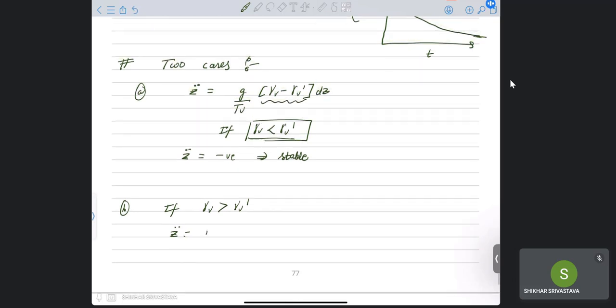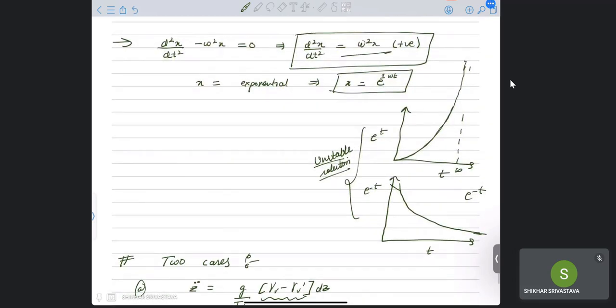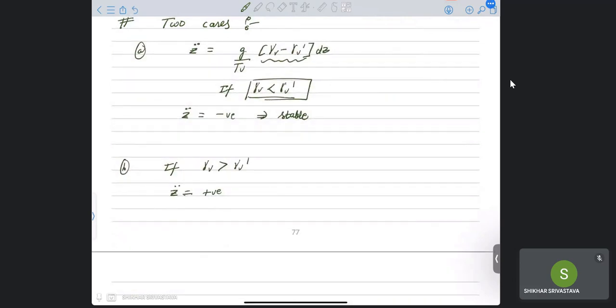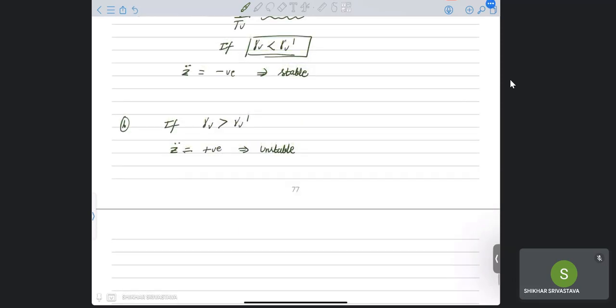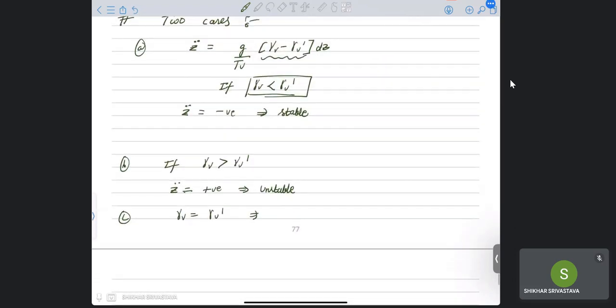So z double dot will be positive, and that means you will have an exponential kind of solution, which is unstable. So this is unstable. Okay. The third case is if the environment lapse rate is equal to gamma v prime, in that case your z double dot will become equal to 0. That is, the parcel will have no acceleration in the vertical direction.